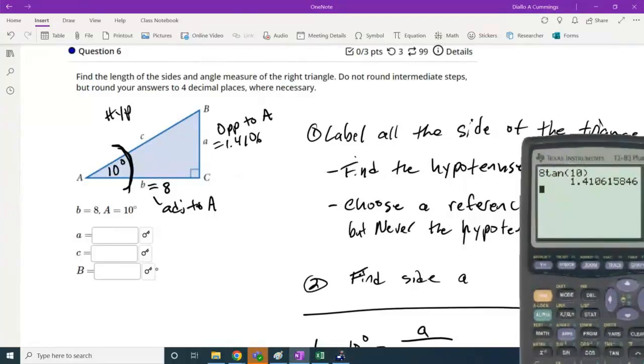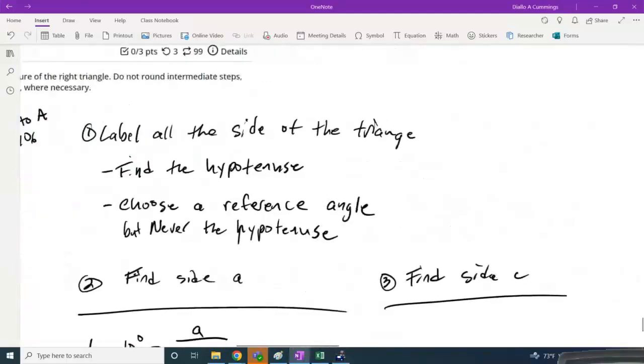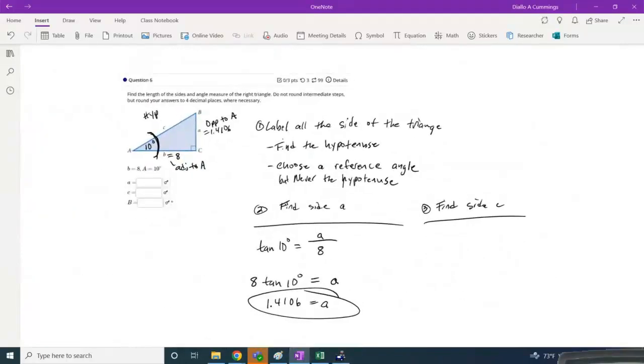Okay. Now I want to find side C. Now I could set up another trig function, but normally when you're going through these problems, you should only set up one trig function. How could I find side C without using a trig function?